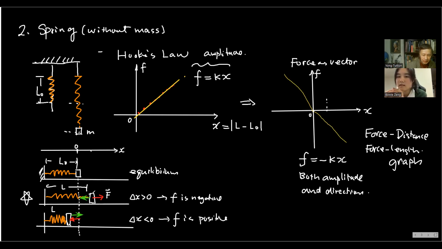So this object will move towards the opposite direction, right? But will it stop right away at the equilibrium position? It goes over. It will continue to move because at that time it has gained kinetic energy, so the kinetic energy will reach the maximum.